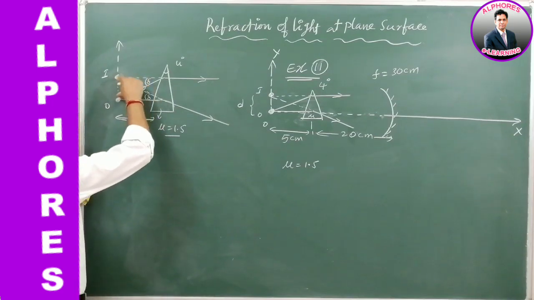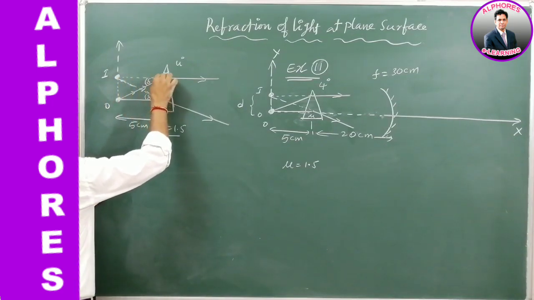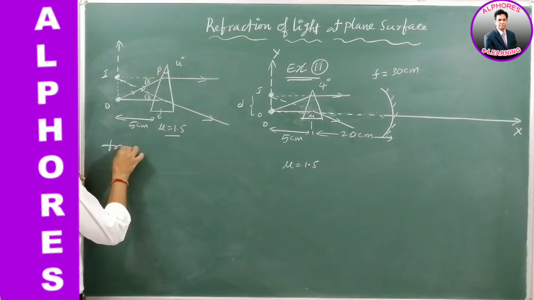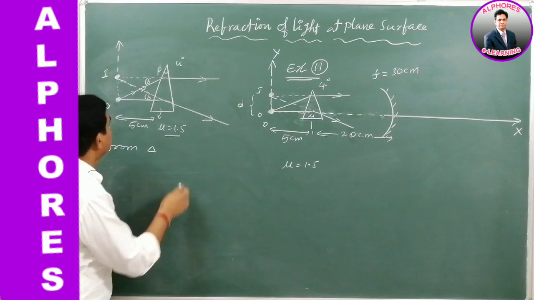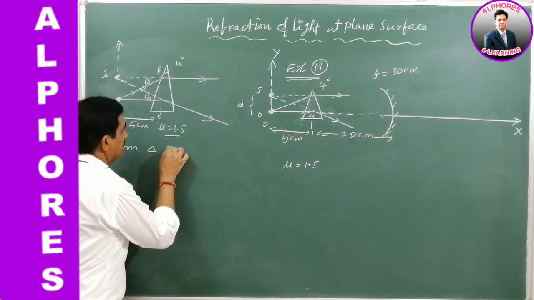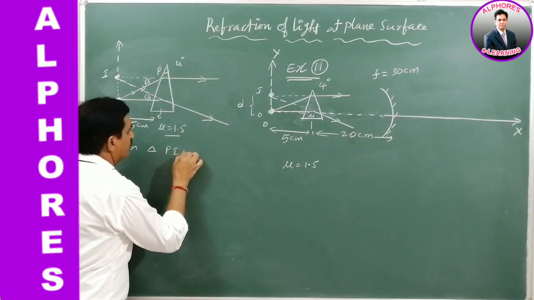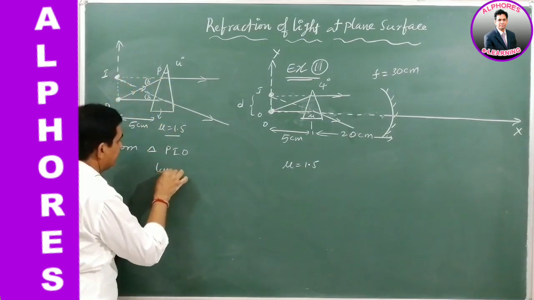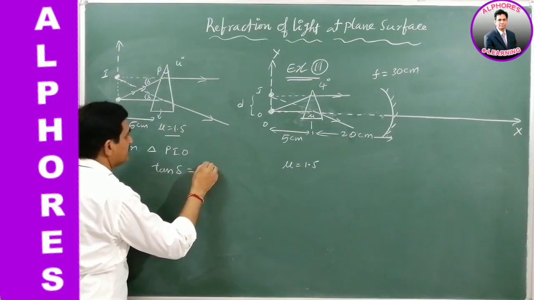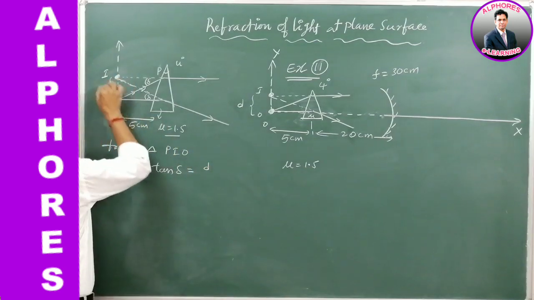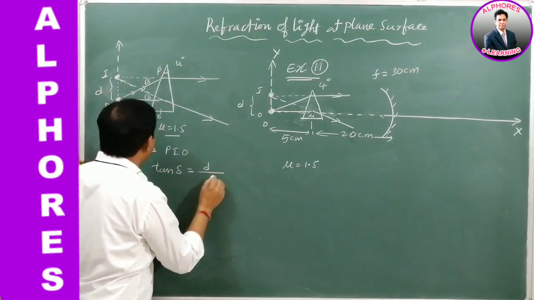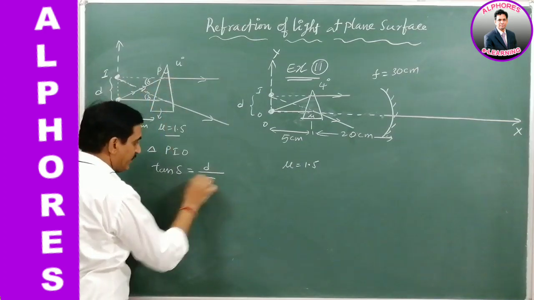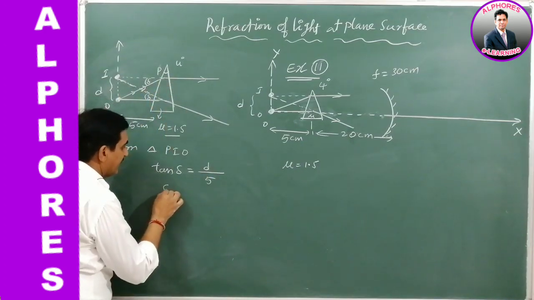Now from this triangle, suppose this is a point P, from triangle PIO, tan delta is equal to the opposite side D by the adjacent side 5. Now delta is very small.